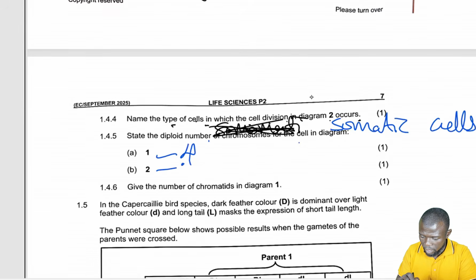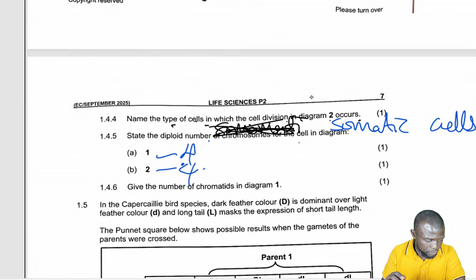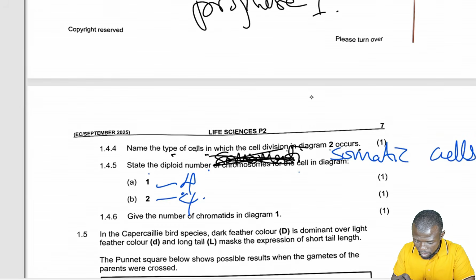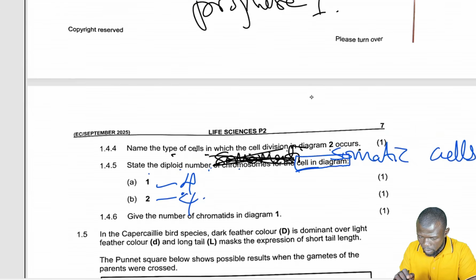And also this one is going to be 4. State the number for the cell. Now in diagram 2.